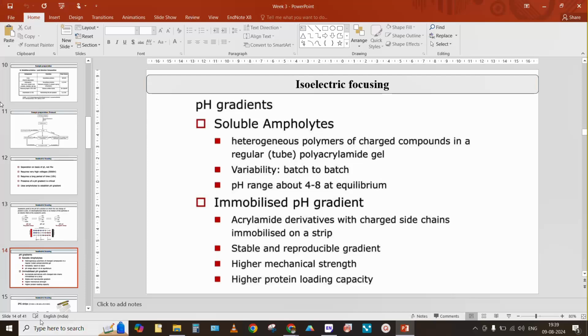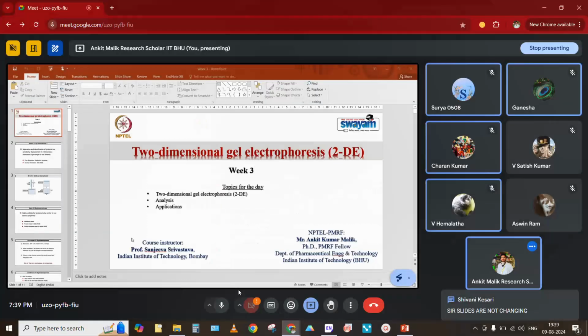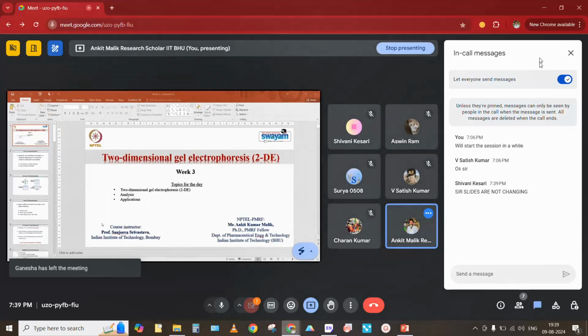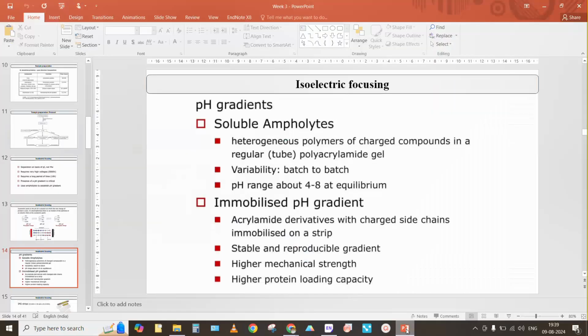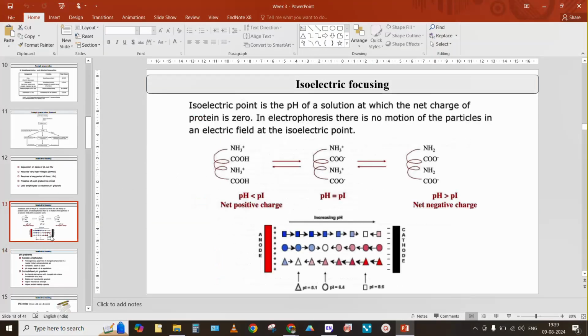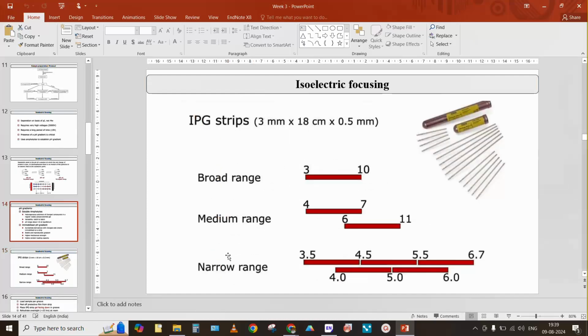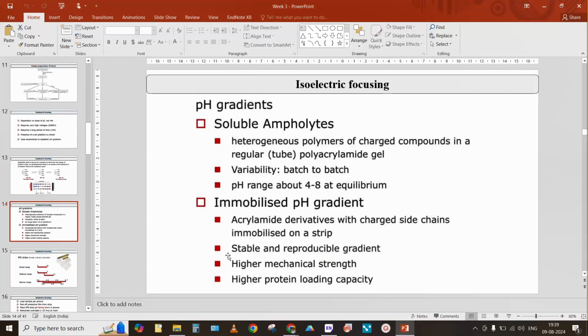The slides are not changing. Now I'm at the 14th slide. So now I think it will change. Or wait, I'll reshare the screen.